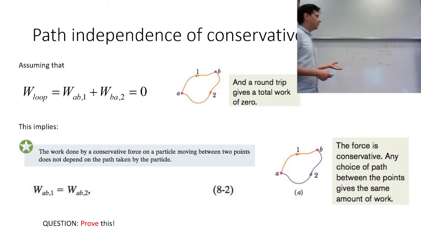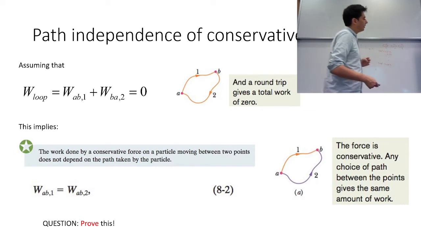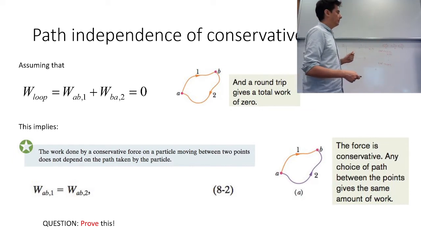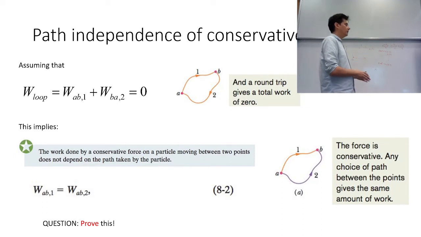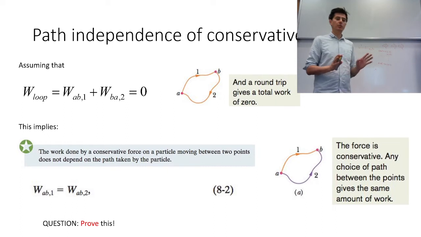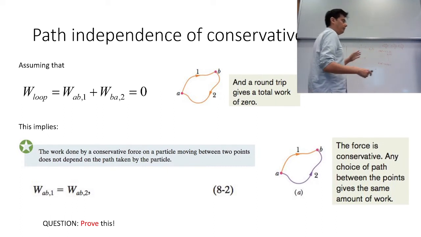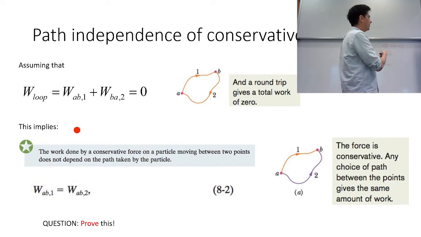Using this definition, we can actually deduce an interesting property. This is abstract and rather general, but you can already deduce something from it. So let's say we have a conservative force, and it satisfies this loop test.